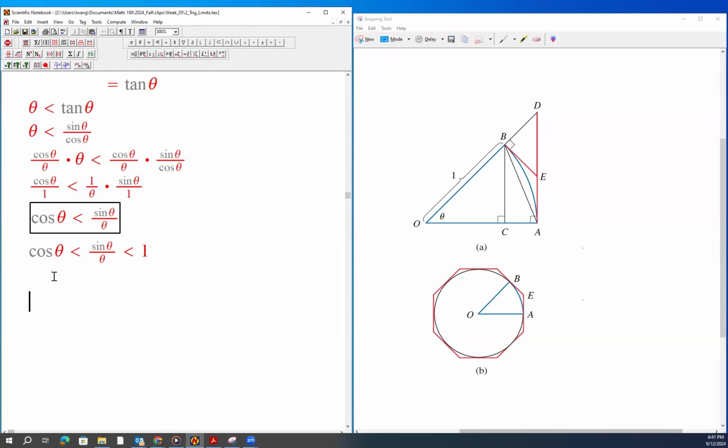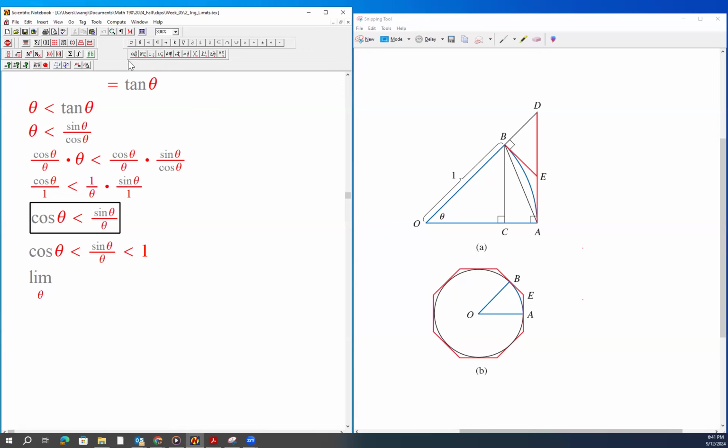Now we created a squeezed situation. Sine theta over theta is squeezed in between two other functions. So let's check out the limit, thinking of the squeeze theorem.